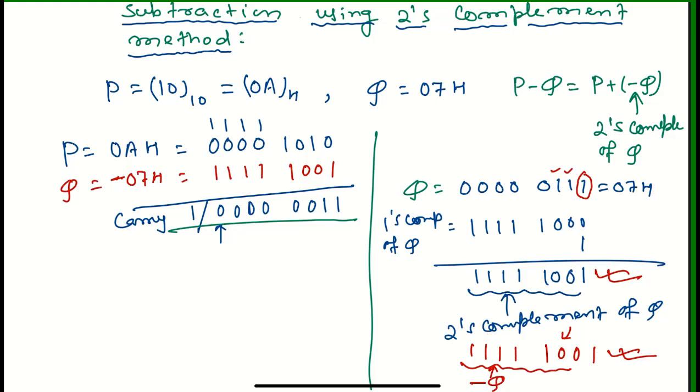Whenever it is executing the subtraction instruction, by default internally it is using the 2's complement method to perform the subtraction. So the microprocessor will do that. Whatever carry result is obtained, it will be complemented as the final result.